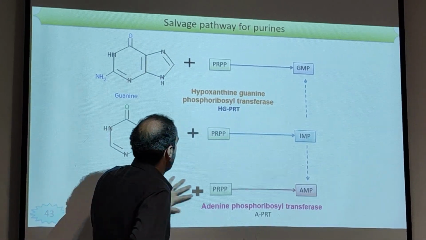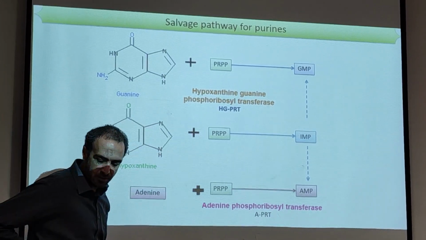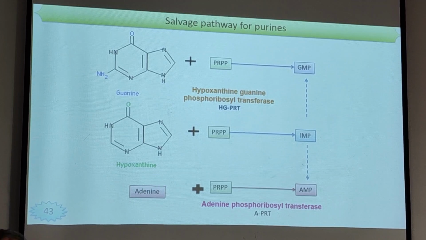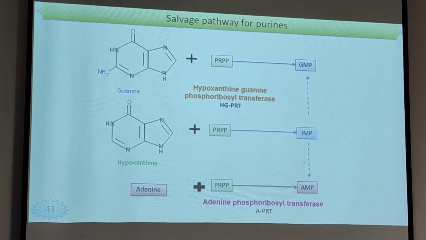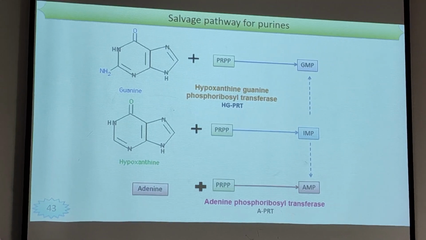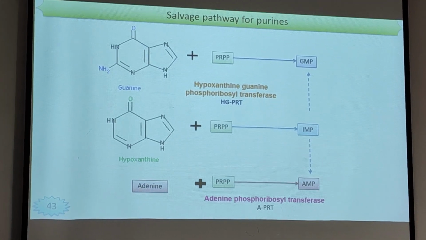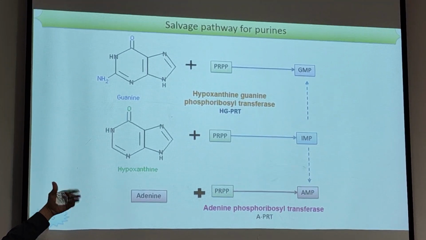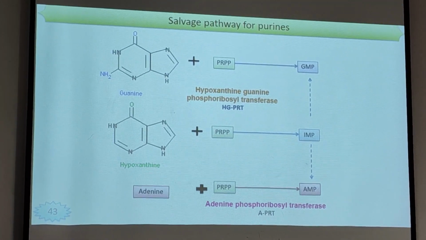If we can't recycle these nucleotides and incorporate them into the DNA, what is going to happen? If these bases cannot be used for DNA synthesis, what is their fate?